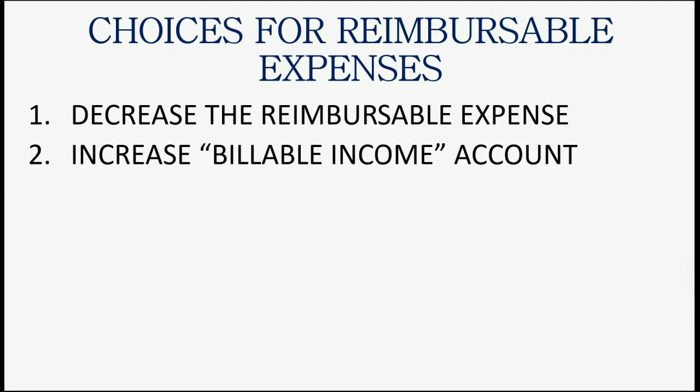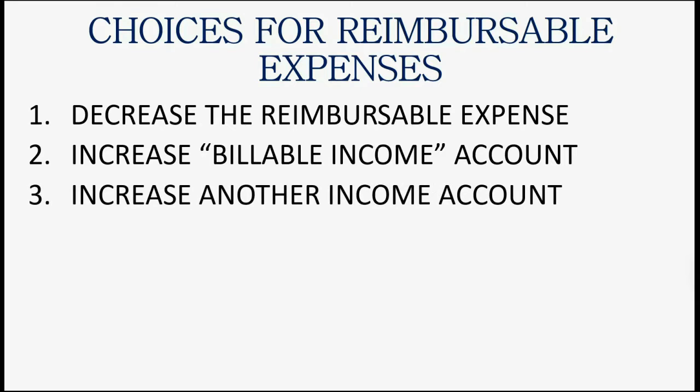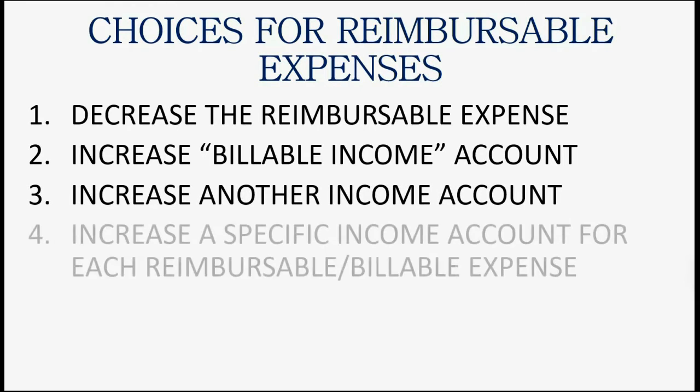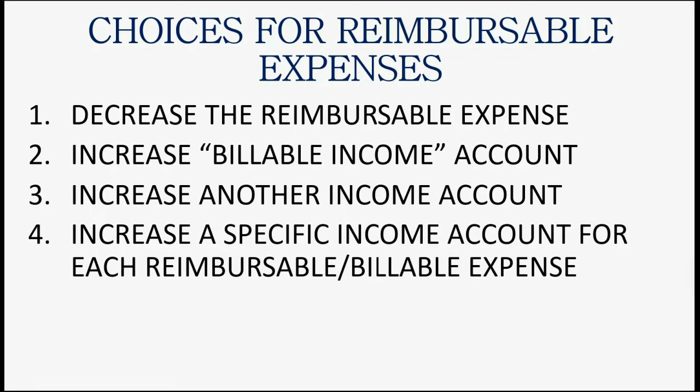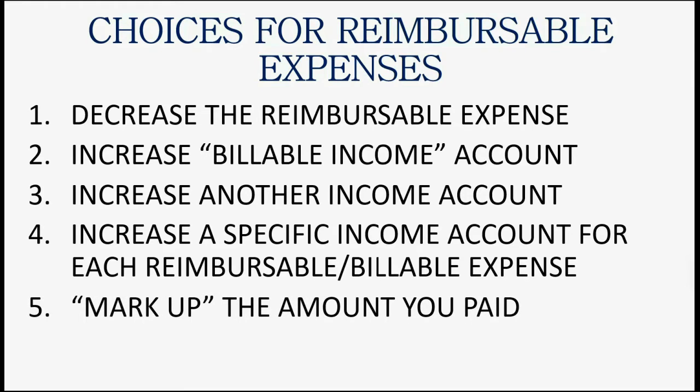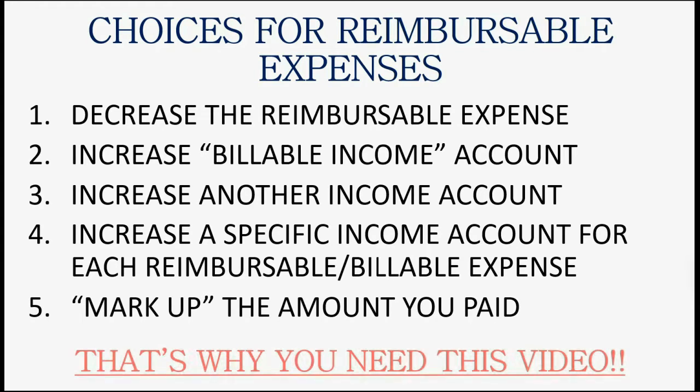It might increase billable income instead of lowering an expense, or it might increase a different account rather than billable income. In fact, you can ask QuickBooks Online to increase a specific income account for each separate reimbursable or billable expense that you have. And don't forget, when you bill the client, you also have the option of marking up the amount that you paid. And that's why you need this video.